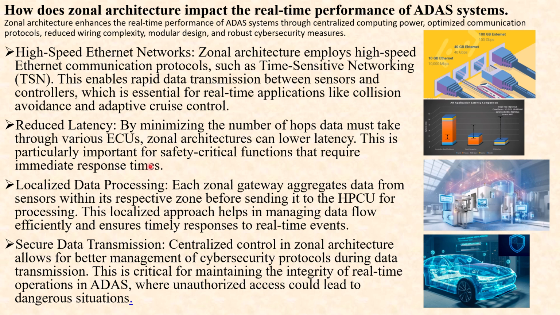This is particularly important for safety critical functions that require immediate response times. This is the positive side. It is definitely reducing the wire length, thereby reducing the latency, and this facilitates the safety critical functions that require immediate response times.